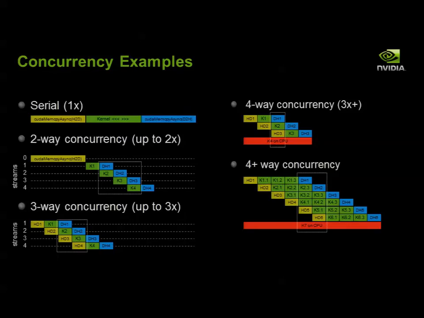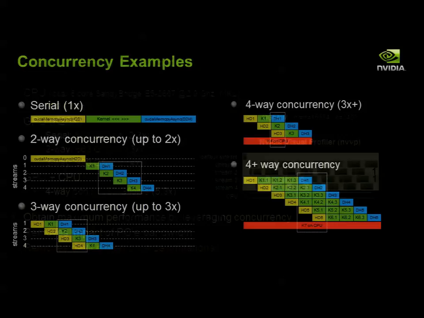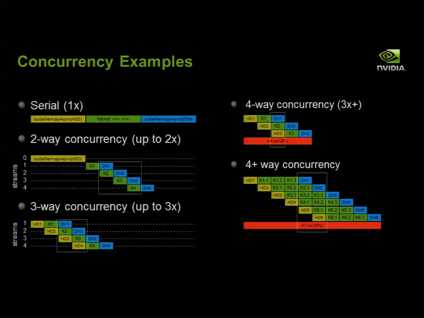You can also have a very high number of kernels that execute at the same time. It's a configurable parameter, but from a hardware perspective, I think it's 32 kernels that in theory could execute at the same time. So there's a lot of room for creativity.